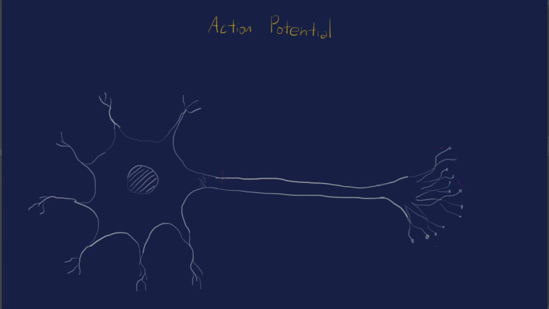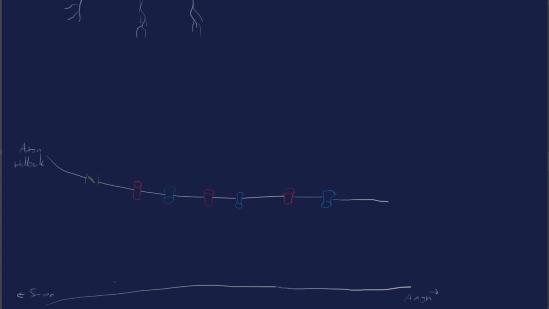And so let's zoom in here in the vicinity of the axon hillock. Okay, so this is the part of the axon just adjacent to the axon hillock. So I drew three structures here.